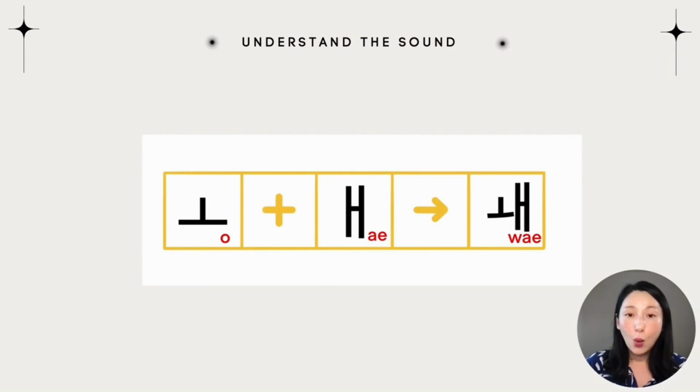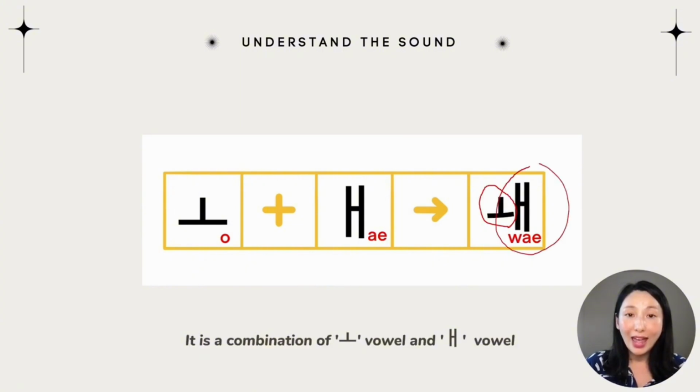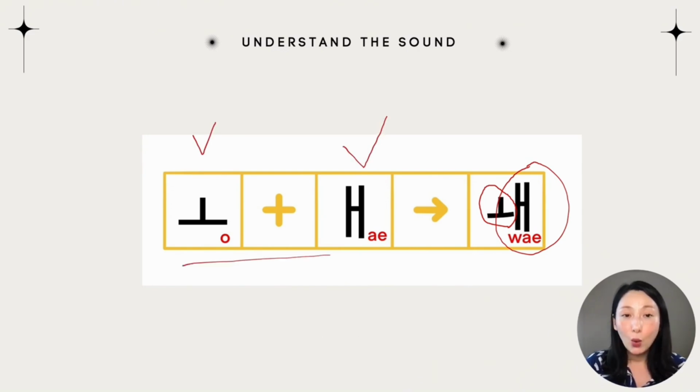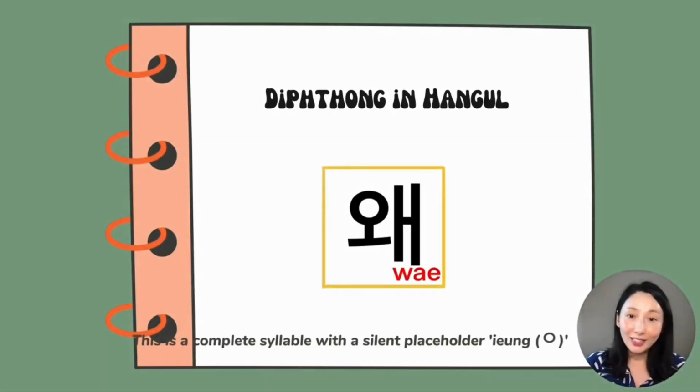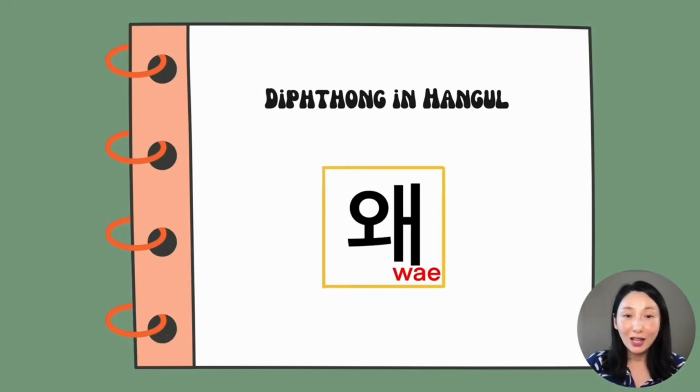It is a combination of U vowel and E vowel. You start from the initial sound U and it slides into a more pronounced E sound. This is a complete syllable with a silent placeholder iung.